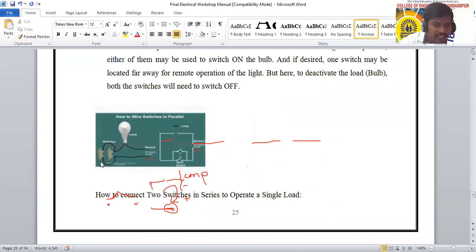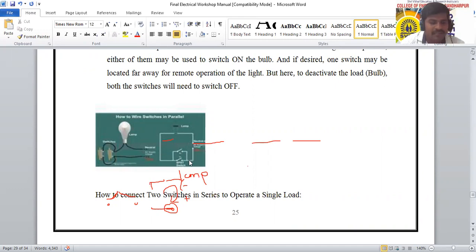From that, another terminal of the switch can be connected to the positive terminal, so a direct connection. Then the next terminals of both switches are connected to the lamp load, and the lamp load's next terminal is connected to negative. So the two switches are put in parallel. Okay, so these are the parallel switches.